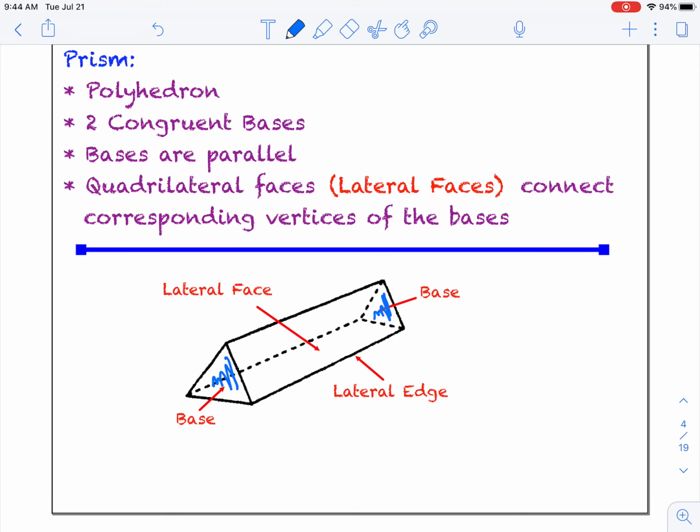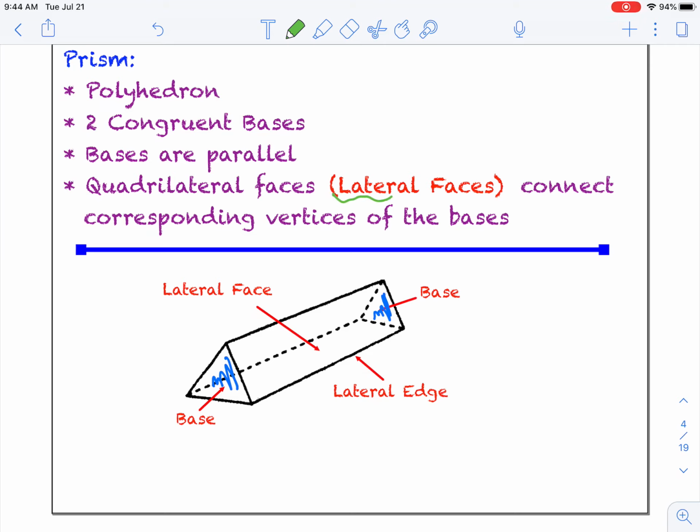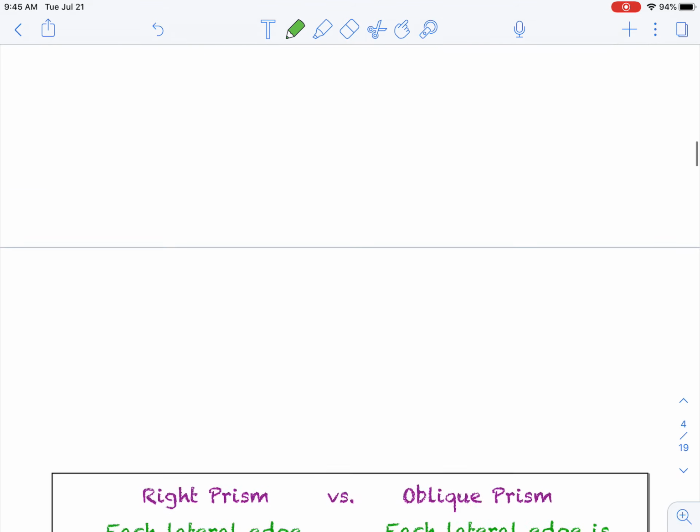So you have the congruent bases, but then remember that all of the other faces, everything except the bases, we consider all of those lateral faces, and they connect the corresponding vertices of the bases together. So again, remember we talked about lateral edges versus faces versus bases and vertices.